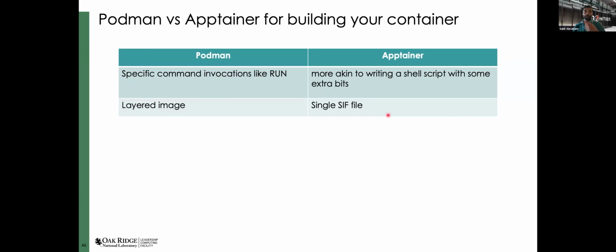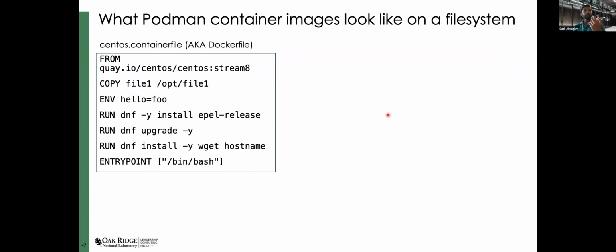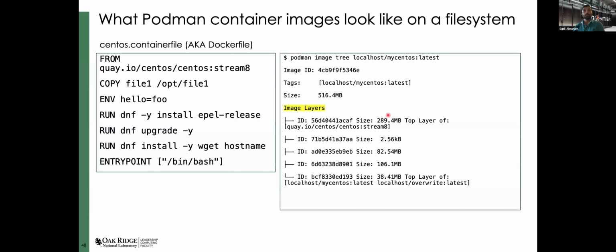Talking about layered images: Podman has layered images, and Apptainer instead generates a single file. So when I say layered image, what do I mean? When I am building my image, this is the same example from earlier, effectively each line is creating a new layer on top of the previous layer. So this from line is creating this layer.